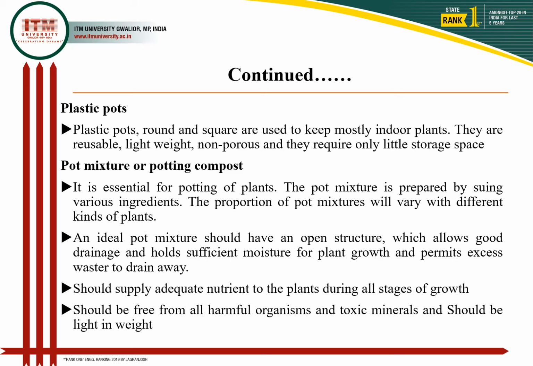It should have holes for proper drainage, and the growing media kept in it should have adequate nutrients, so that the plants can grow at all stages, and be free from all kinds of harmful organisms and toxic minerals.